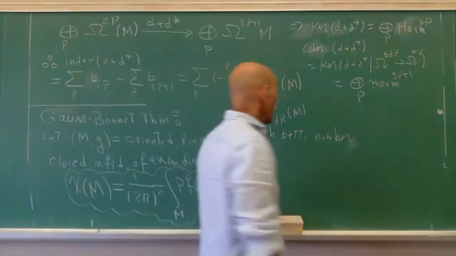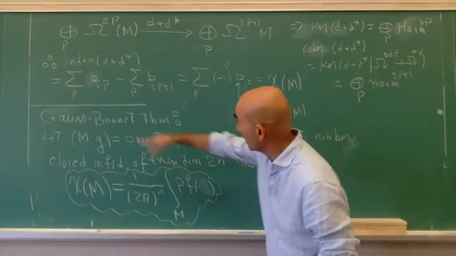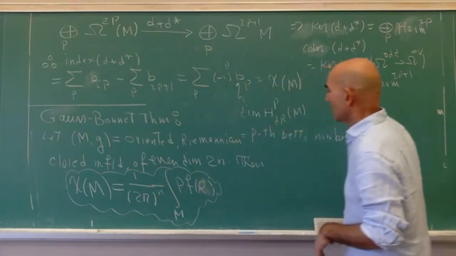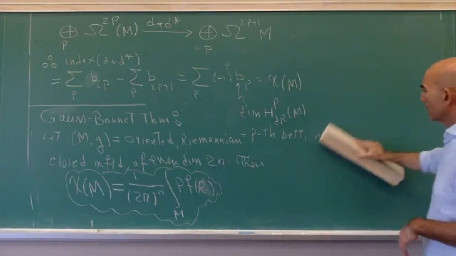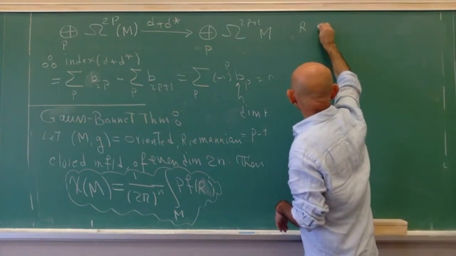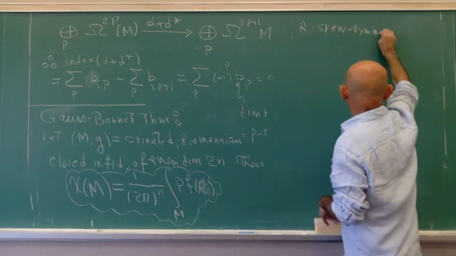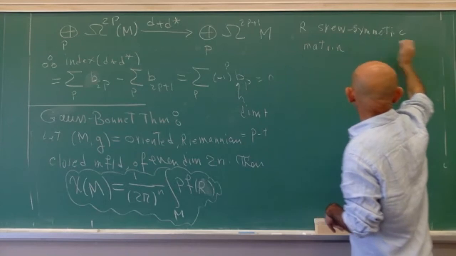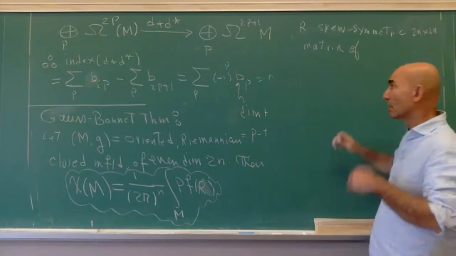So let me explain what this omega is. Maybe I put R here, because I'm using too many omegas. I had omegas before, so this is R. So R is a skew symmetric 2n by 2n matrix of two forms.